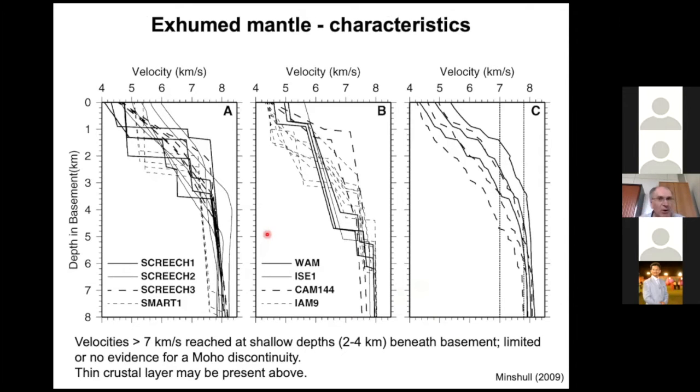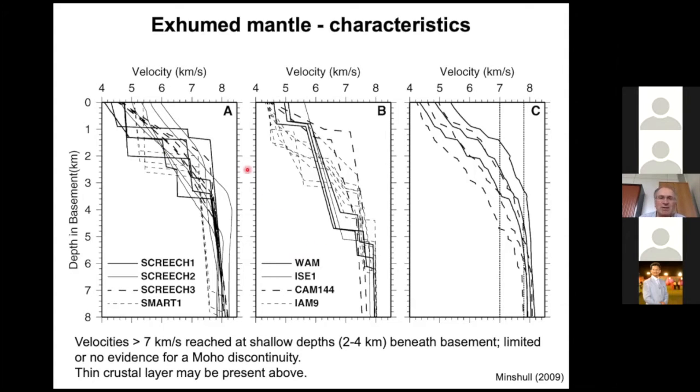In the magma-poor case, we need some kind of reference to decide what we're looking at. So this is a compilation I made a few years ago of velocity models from places that had been interpreted as involving essentially mantle exhumation.